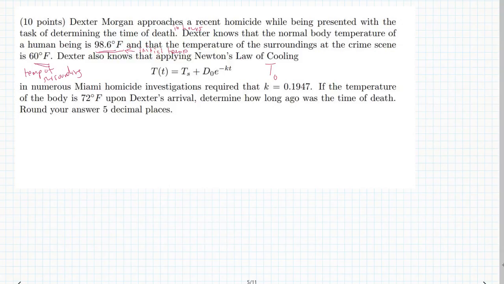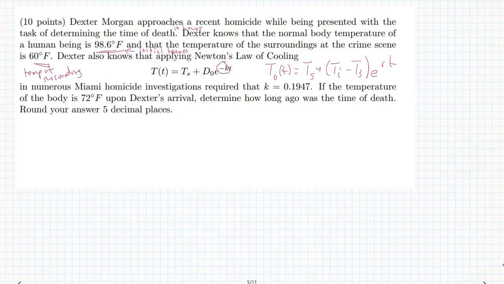So we might have seen this T sub 0 of t, which stands for the object at time t, its temperature, equals T sub S, which is the temperature of the surroundings, plus, now just to make things simpler, that D sub 0 stands for a difference. And the difference that you see is this T sub I minus T sub S, and then we have an e to the rt, but that r is actually a rate of cooling. And so they use negative k because since it's cooling, it should be negative, is what that's telling you.